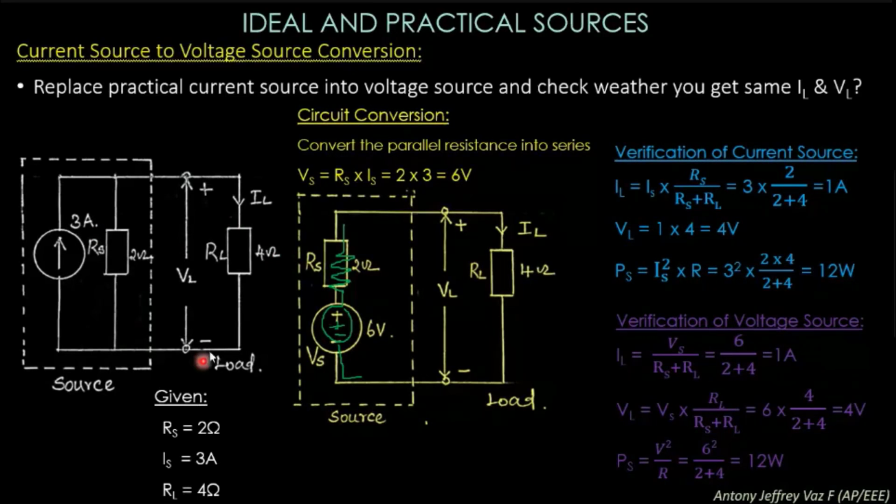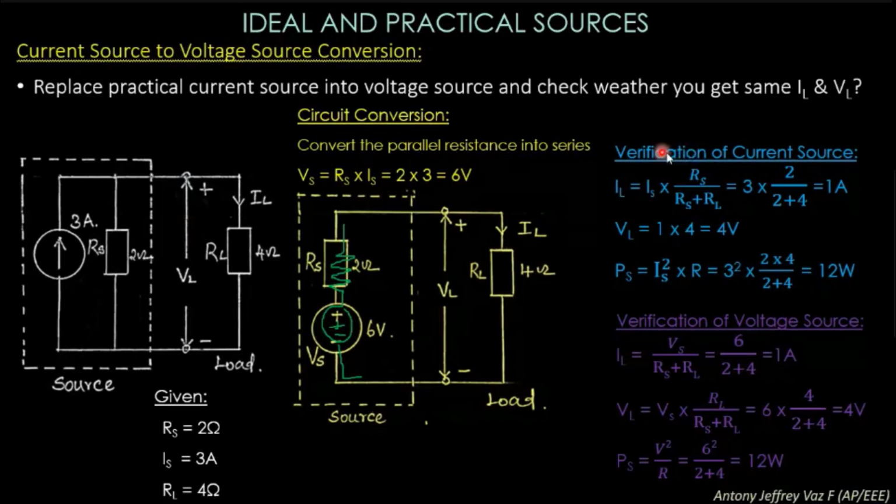To find the total resistance present in this circuit, we need to use the formula 2 into 4 divided by 2 plus 4. So we will be having the power rating of 12 watts. So these are the values which we get from this circuit, which is given in the question. So this is the verification of the current source.